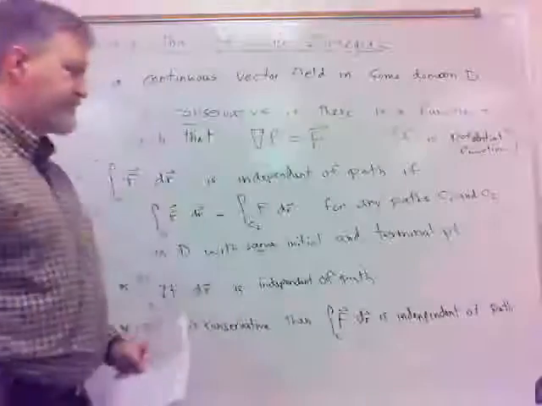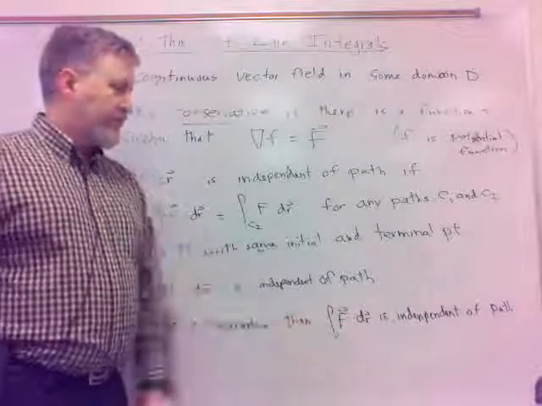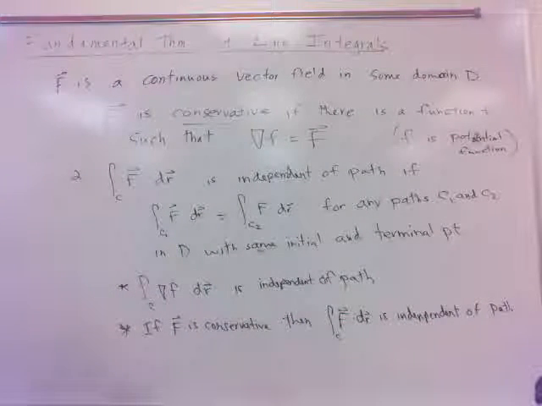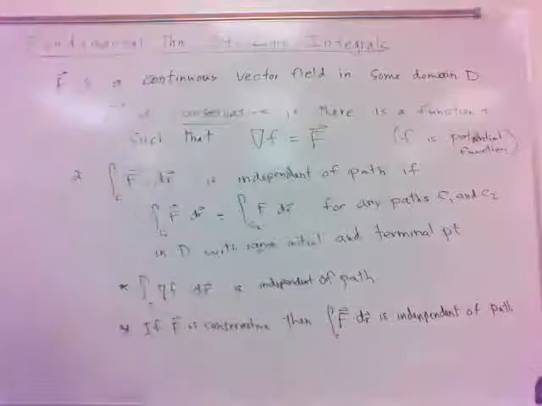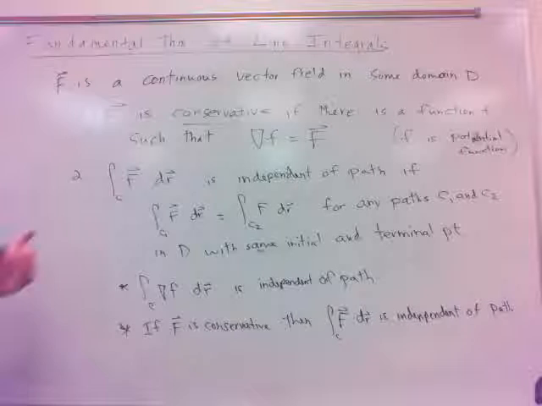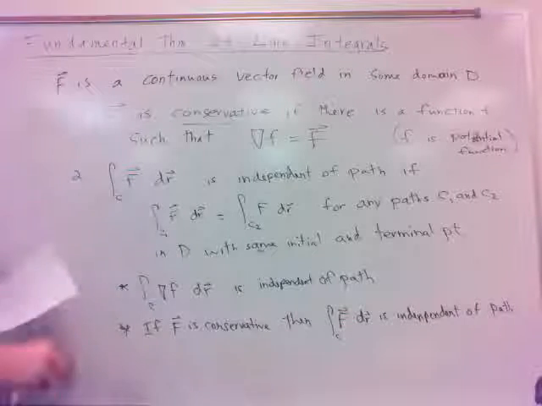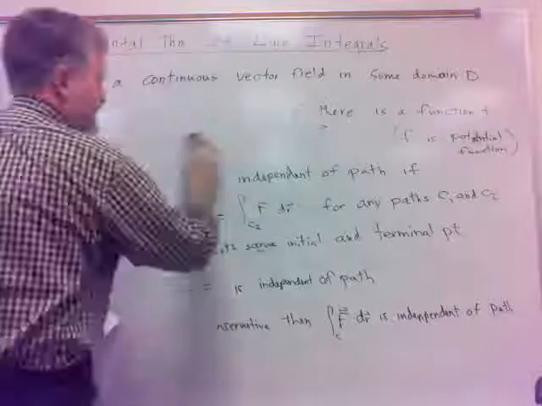In other words, we can evaluate its line integral over curve C by just taking the potential function's value at the initial point and the terminal point, subtracting those two. Okay? All right, now, just a couple of other definitions of words you might see pop up.